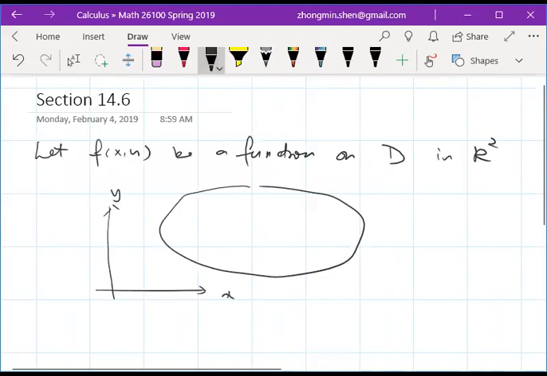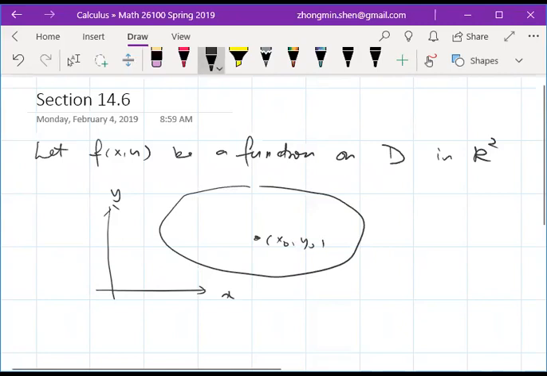If you take a point, that is a point I'm going to denote by (x naught, y naught). So this is a fixed point, and the function is defined on the whole region.